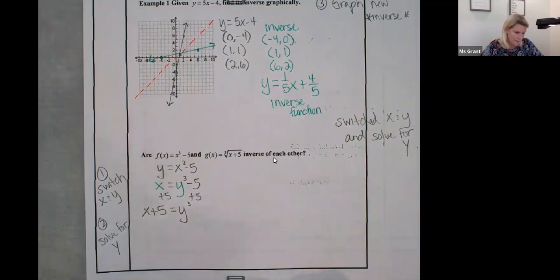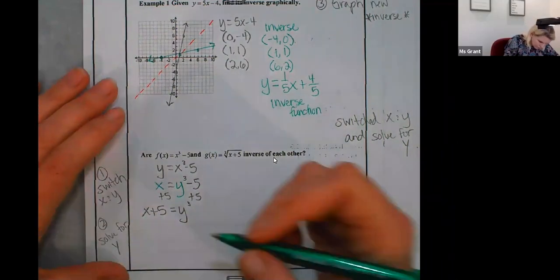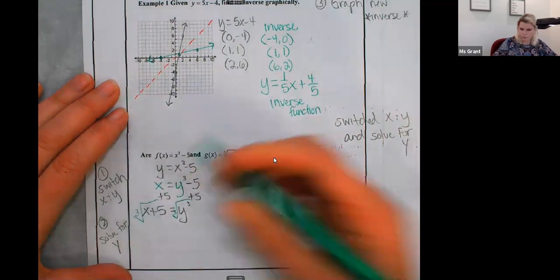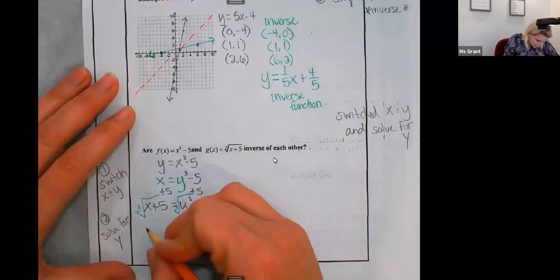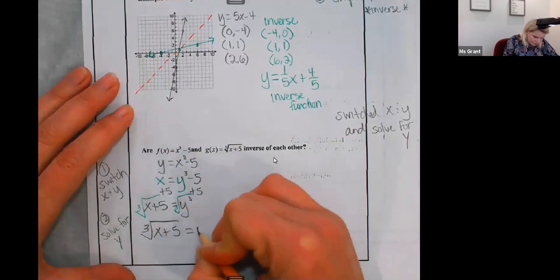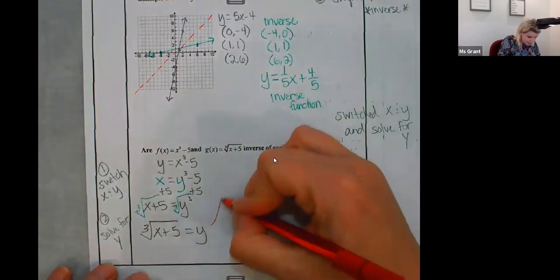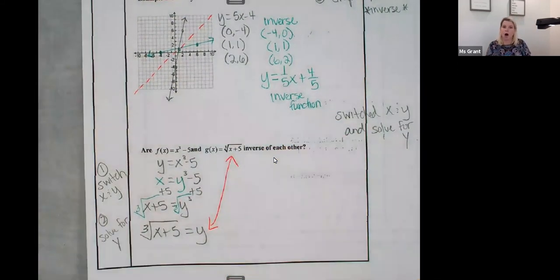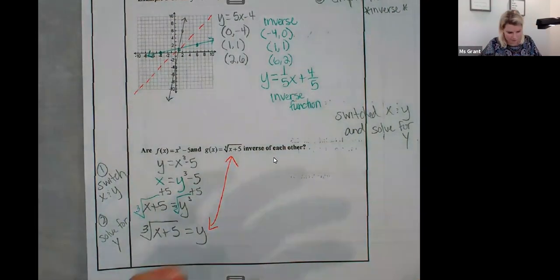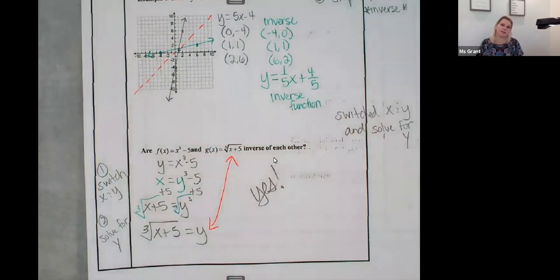Take the cube root of y cubed. I am. Cube root of both sides. Ready? The cube root of x plus 5 equals y. Is that the same as this? Are they inverses of each other? Yay! They are. Yes, they're inverses of each other.